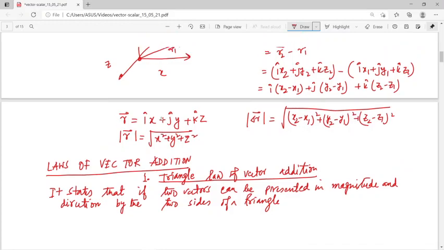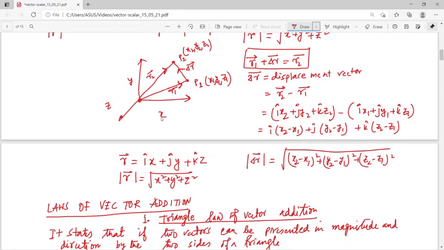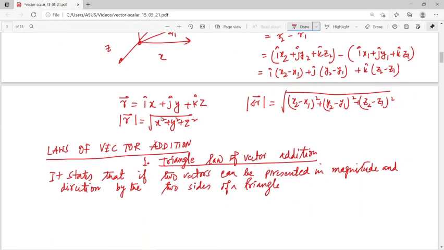So you can just see, r1 is one side of the triangle and del r can be represented as another side of the triangle.